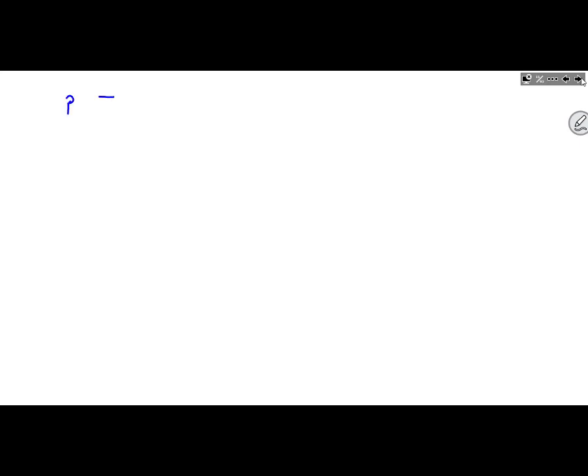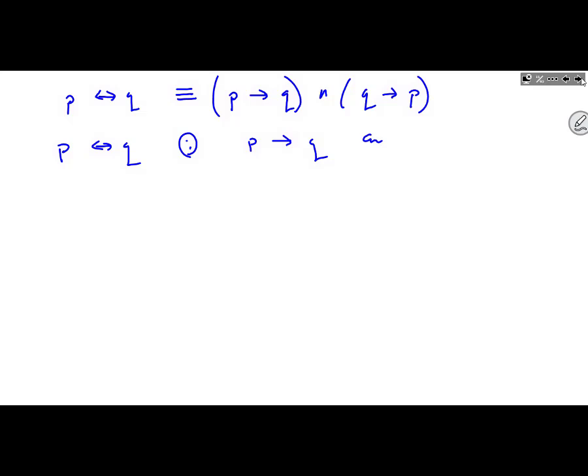So P, if and only if Q, if we remember, this is logically equivalent to if P then Q, and if Q then P. So to do a proof of equivalence, I must show two things. I must show that P implies Q and that Q implies P. So let's take a look at an example.